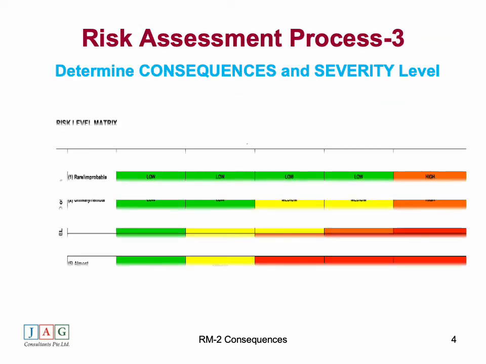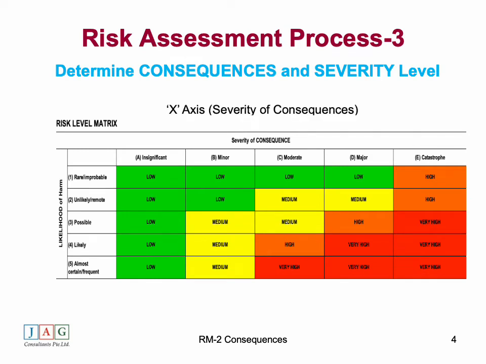Now, if you look here, you have on the x-axis the severity of the consequences, which is from insignificant to minor, moderate, major, and catastrophic. And then on the y-axis, you have the probability, which starts off from rare, improbable, unlikely, remote, possible, likely, and almost certain.